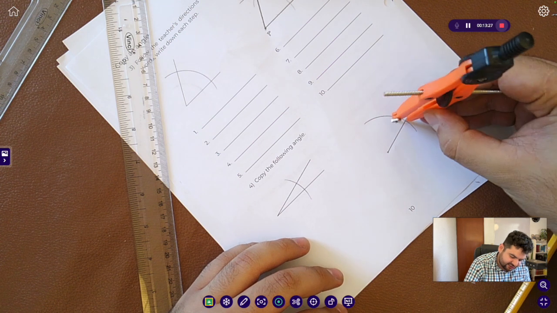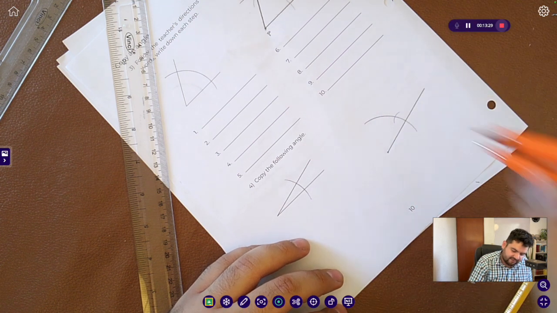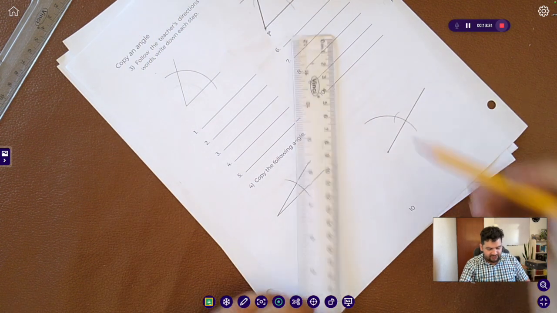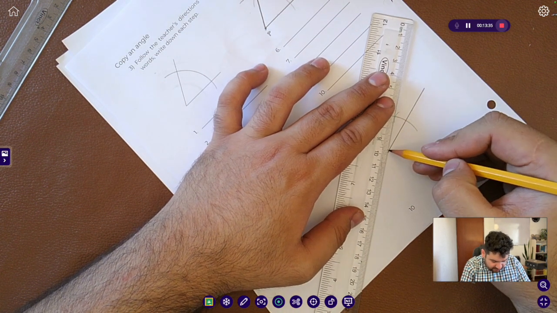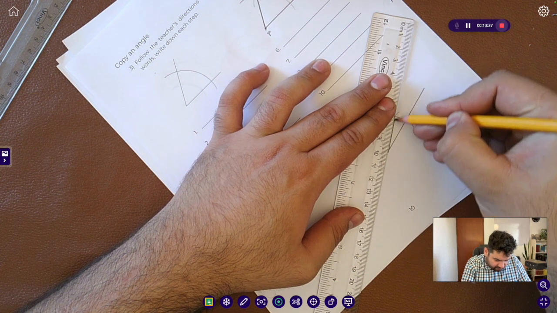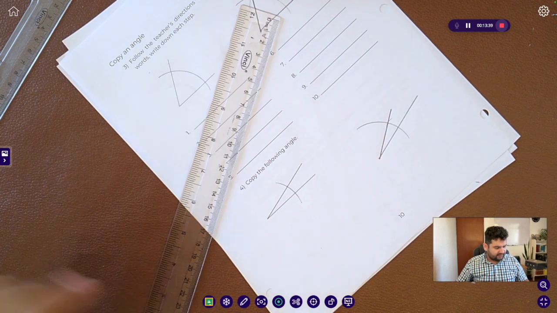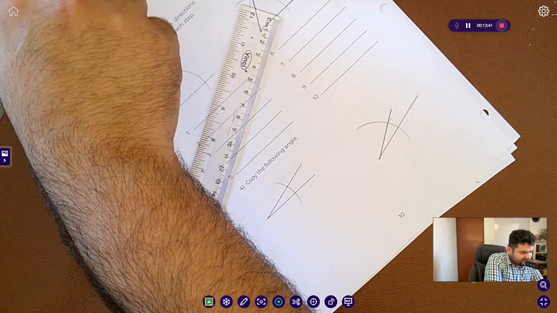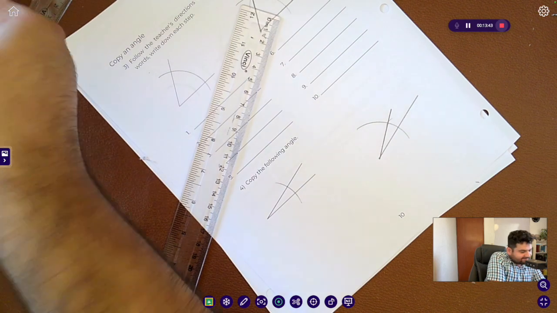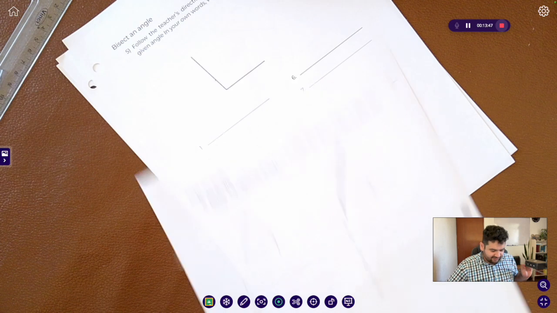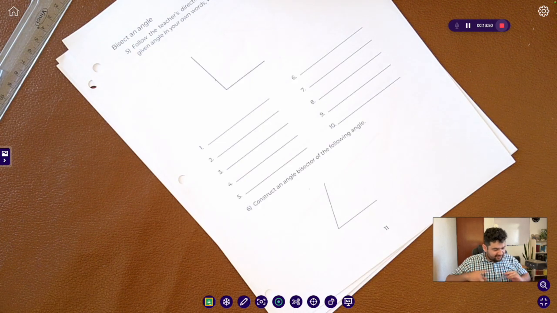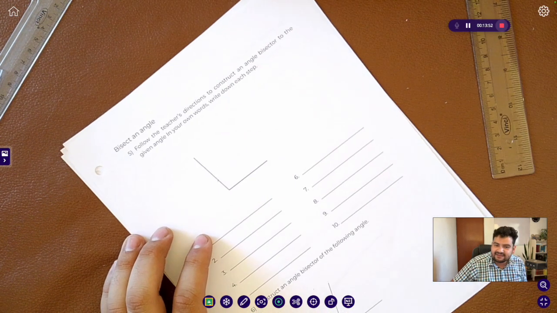And in the intersection, I draw my second arc. Where these two arcs meet is where I have to draw my ray. And it's super pretty.